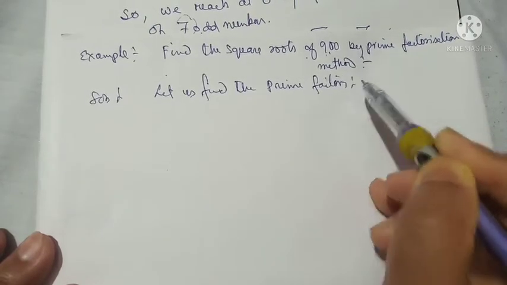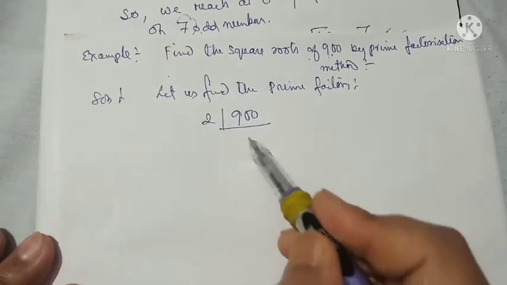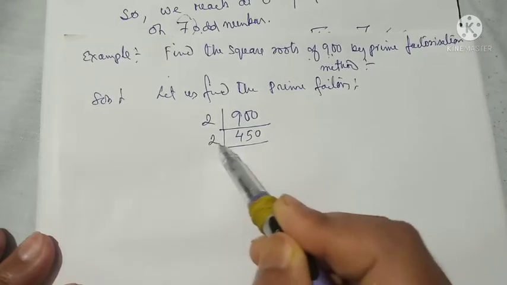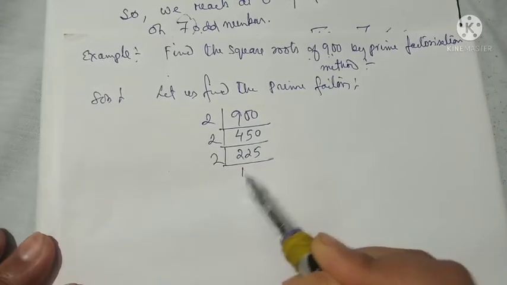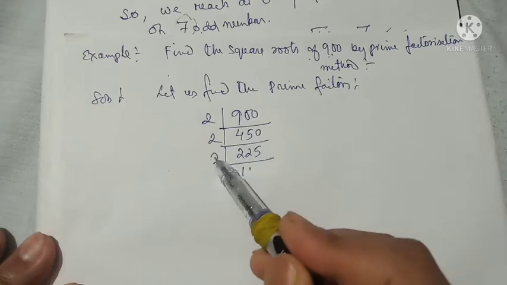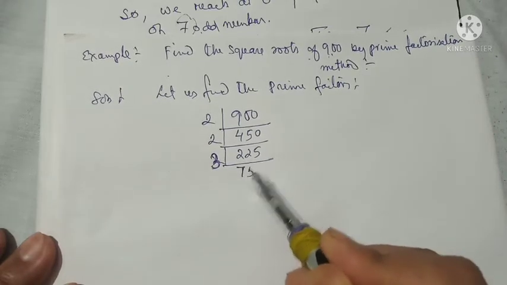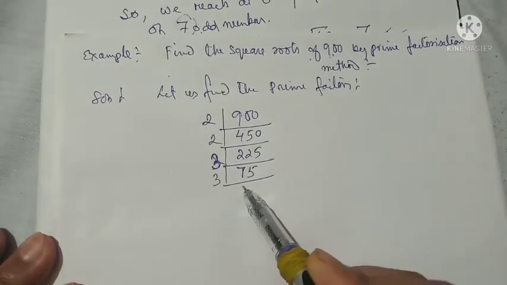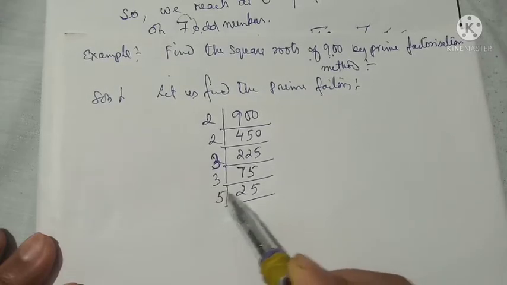Prime factors of 900. Now you divide by 2, you will get 450. Again divide by 2, you will get 225. Now again by 2, no, this cannot be divided by 2. This will be divided by 3. The answer will become 75. Again by 3, the answer will become 25. And this will be divided by 5.